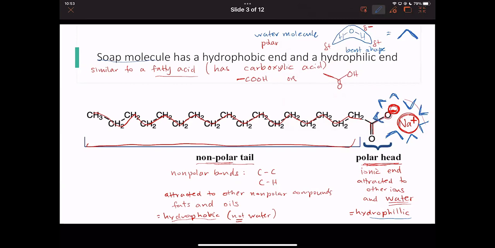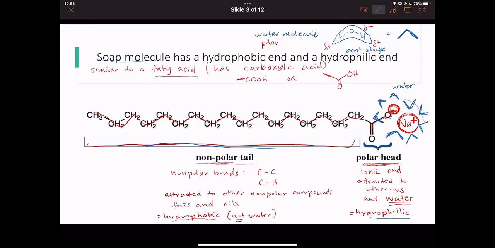And so the water molecules will then be attracted to the soap, and the soap is already attached to the oil, this part. And so this connection between the water and the oil happens through the soap molecule, because it has the ability to attract to both nonpolar and polar.